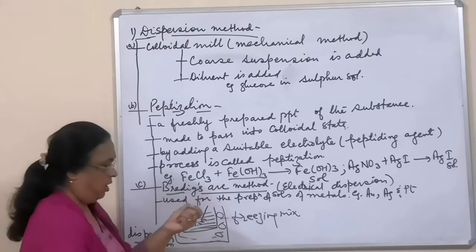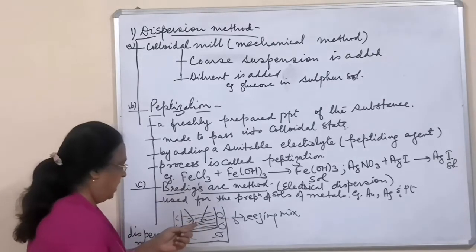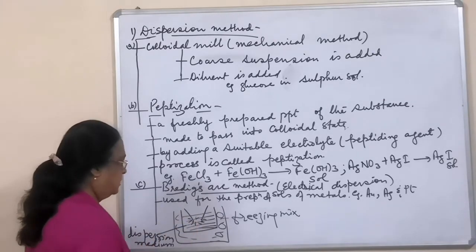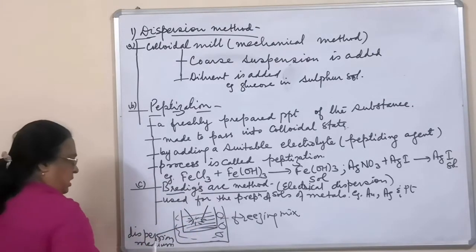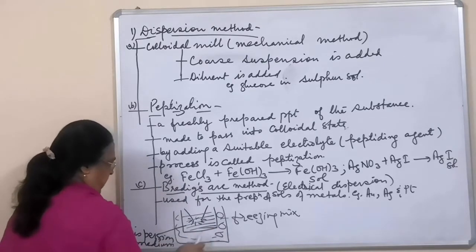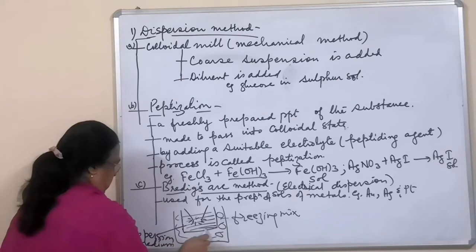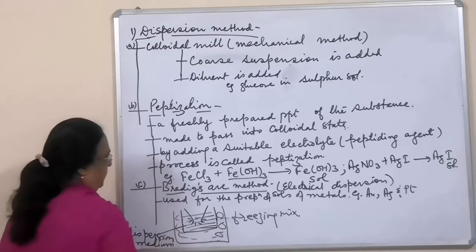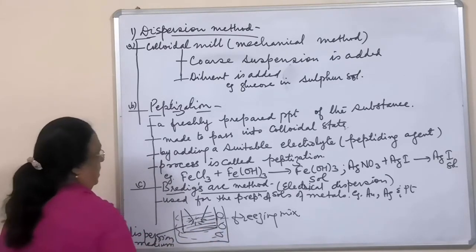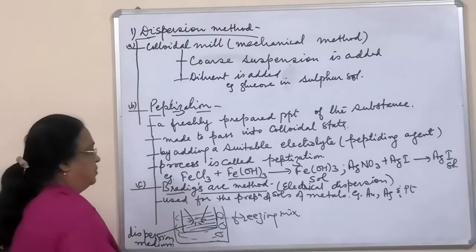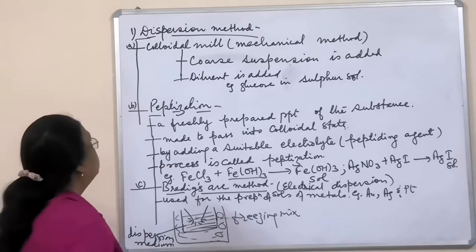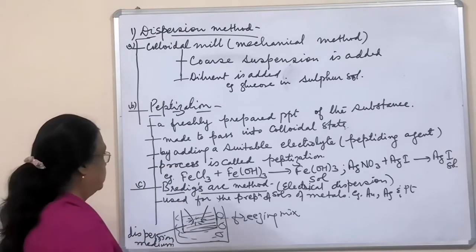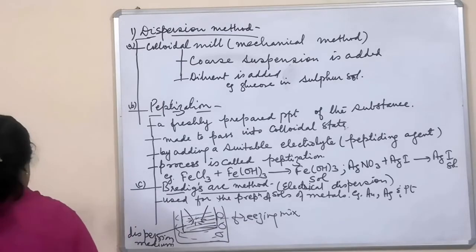So those small particles are formed in the dispersion medium, and since it is kept in the freezing mixture, it gets cooled and the particles get deposited as smaller particles, and so they remain in the dispersion medium. This way we get a colloidal solution by the electrical process.